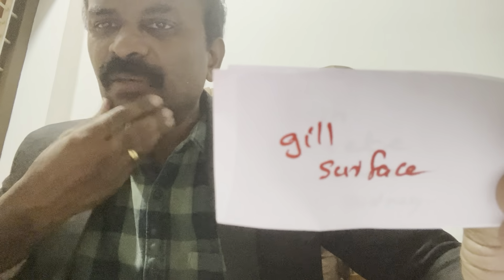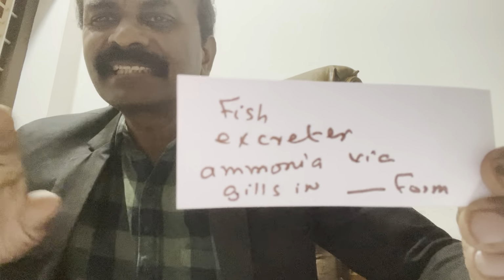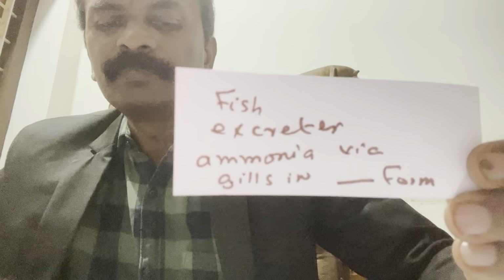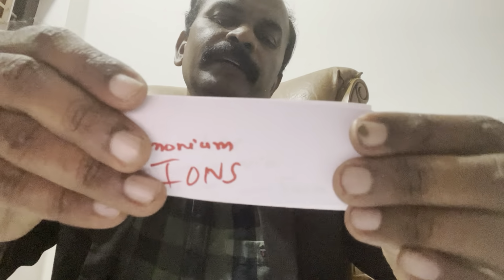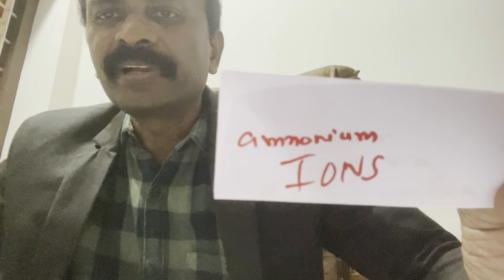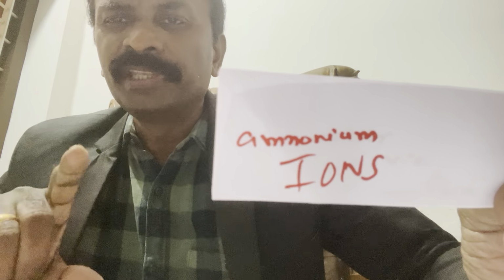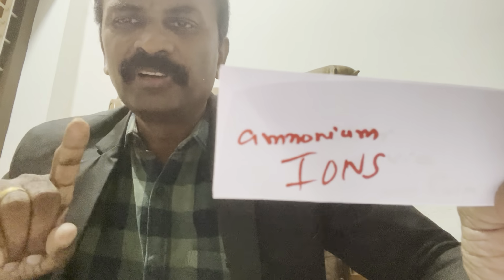Fish excrete ammonia through gills in what form? They always excrete ammonia in the form of ions. Fish excrete ammonia through gills in the form of ions.